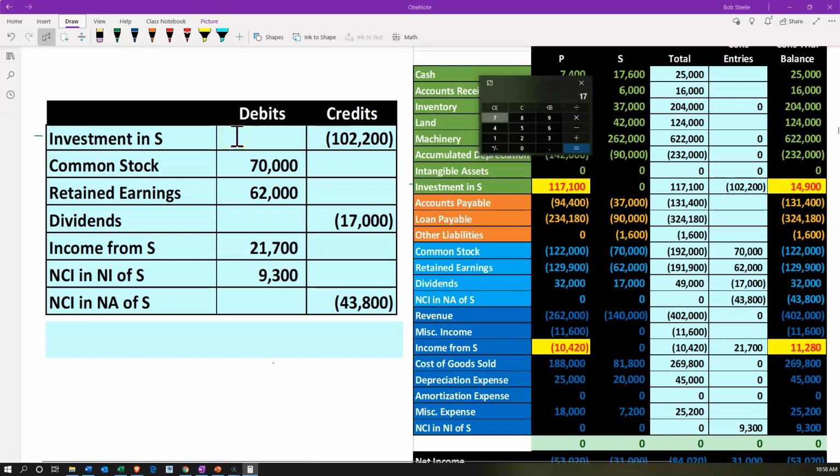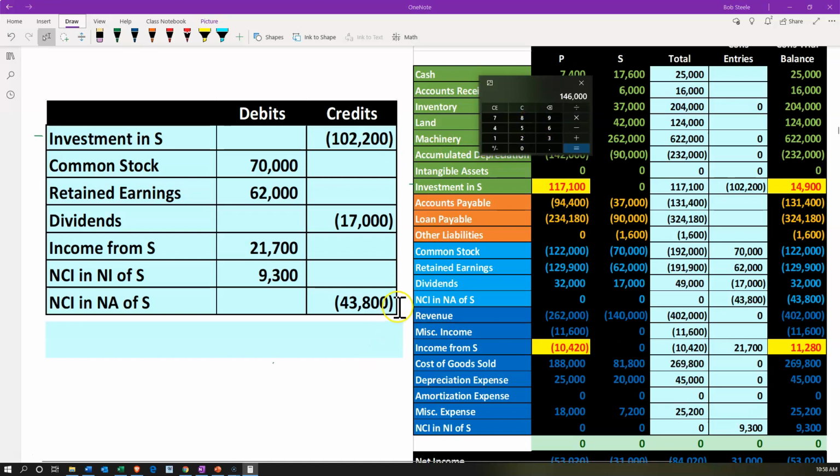That's going to be 17600 plus 6000 plus 3700. Whoop, did I do that right? I think I missed a 0. 17600 plus 6000 plus 37000 plus 42000 plus 626000 minus 90,000 minus 37,000 minus 90,000 minus 16. That's going to give us the 146. That 146 then is what we're going to split 30.